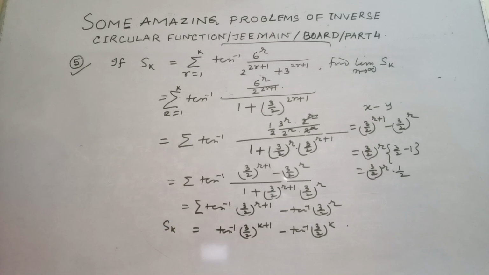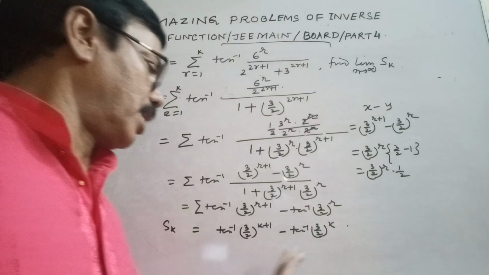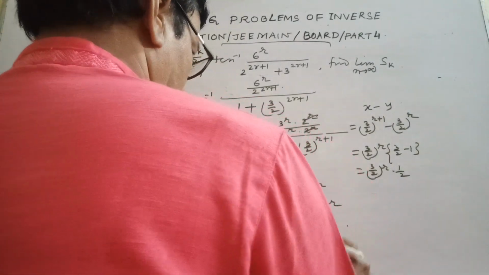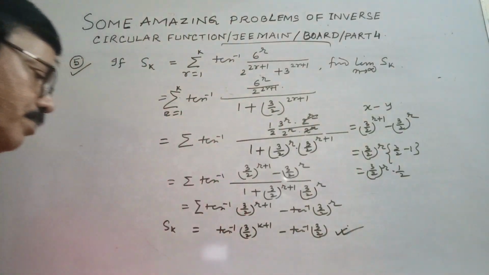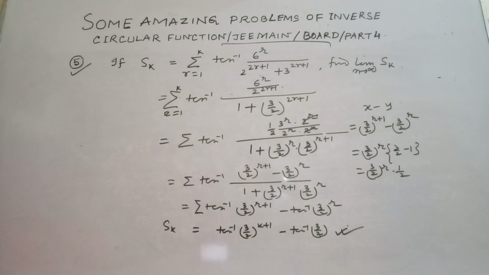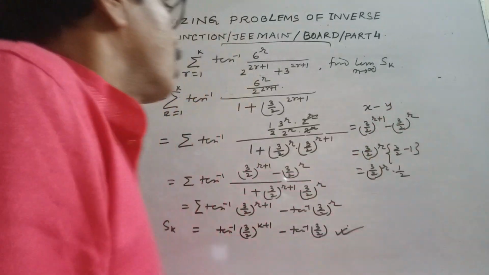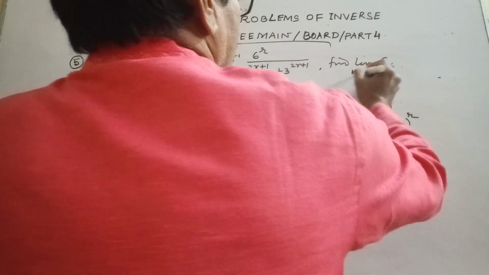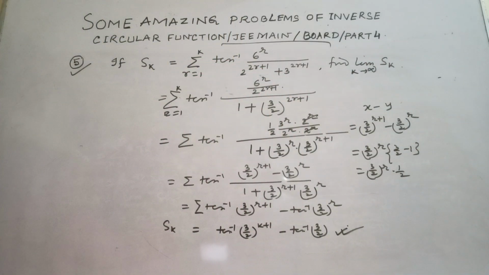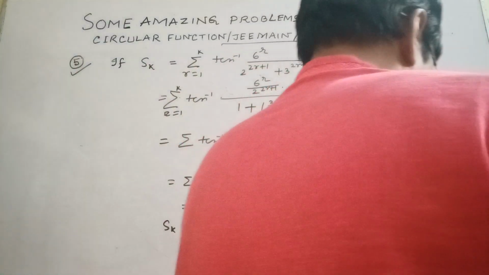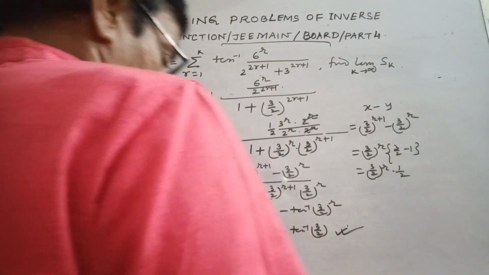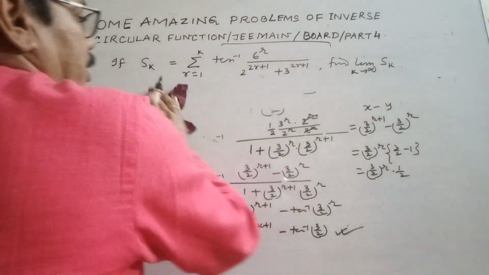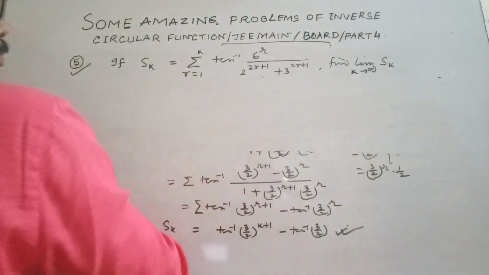We are getting this one, with r equals 1. Now you have to find the limit as k tends to infinity, not n, this is k tends to infinity, of Sk.